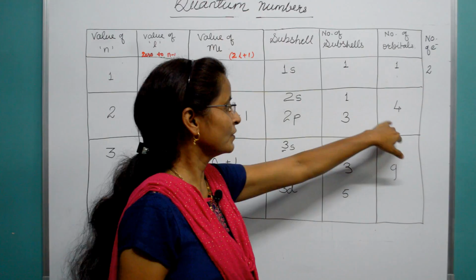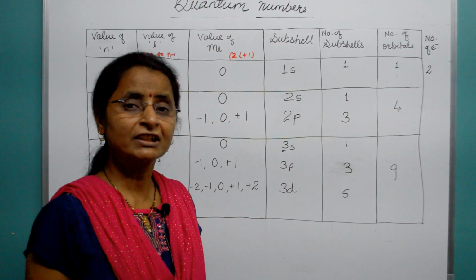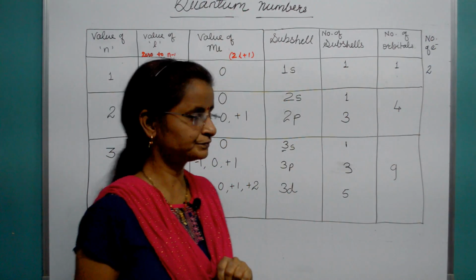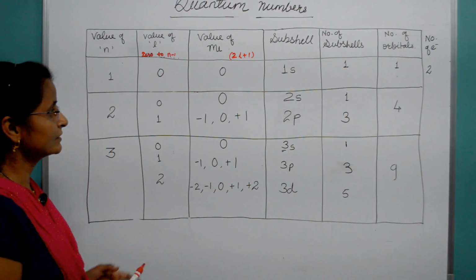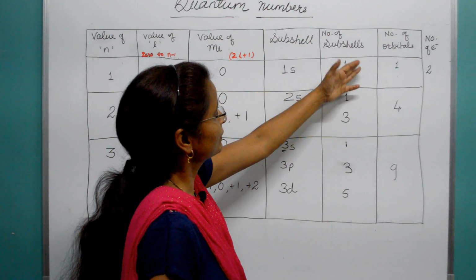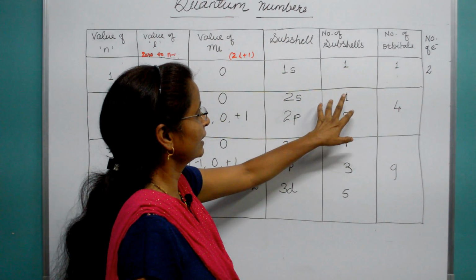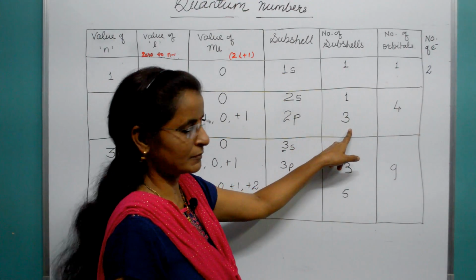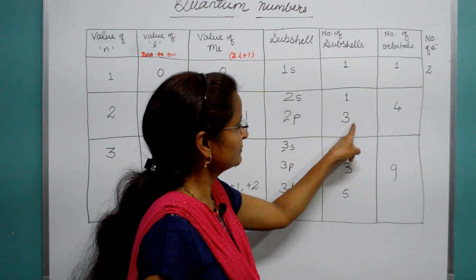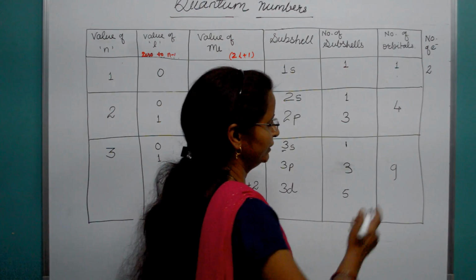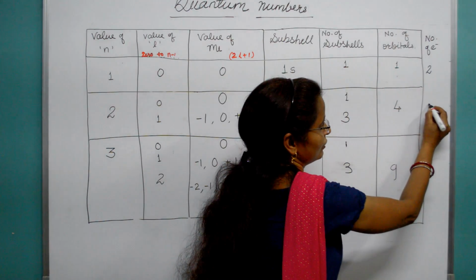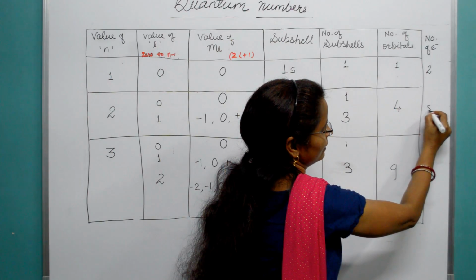In P, 3 orbitals are present. So the total number of orbitals is how much? 4. Now in this case, in the S subshell only 1 orbital is present, and in the P subshell 3 orbitals are present. So total 1 plus 3 is how much? 4. So the total number of electrons occupied is how much? 4 into 2, meaning 8 electrons.